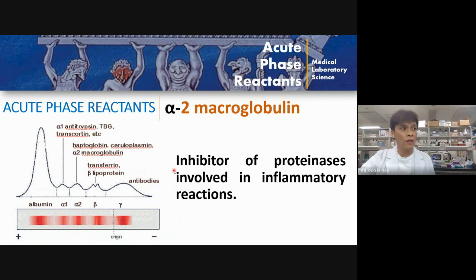You have your alpha-1 antitrypsin, you have your alpha-2 macroglobulin. Imagine, class, how your immune system is created delicately to balance that. So we should be thankful because we have an active immune system, class.